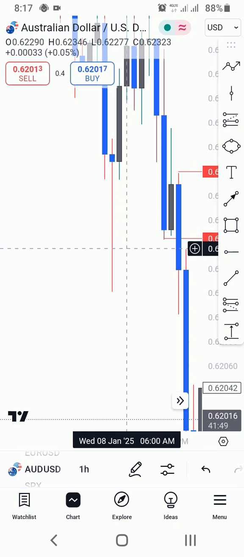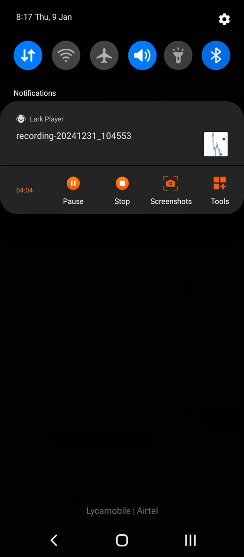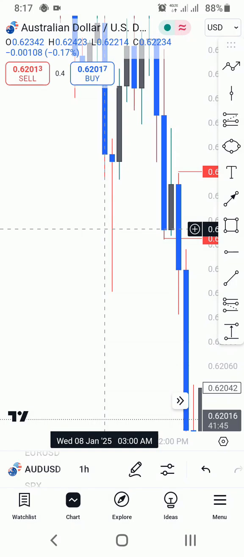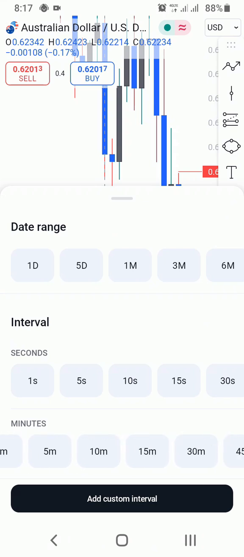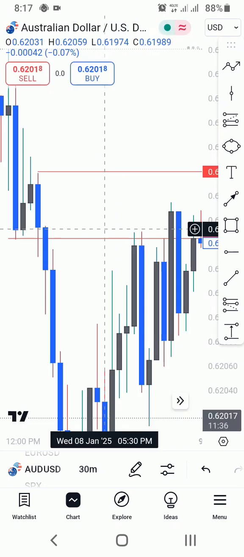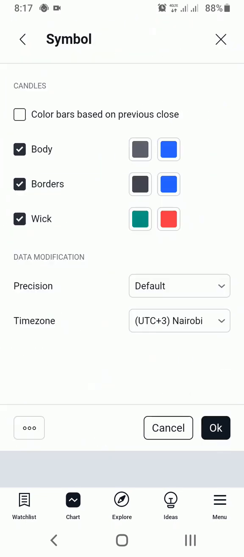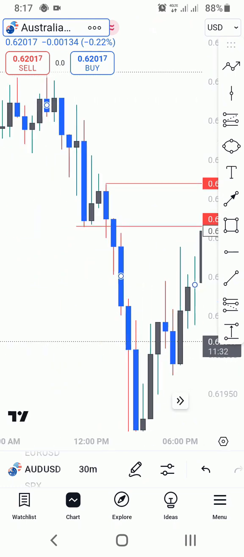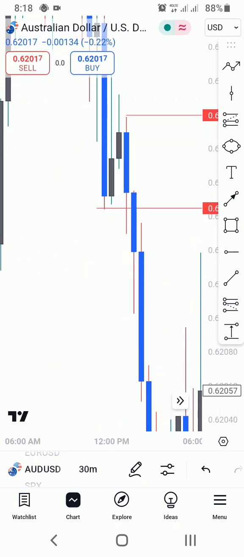So let us shift back to our M30 to see if the highs and lows are perfectly shaped. Here it shifts back.